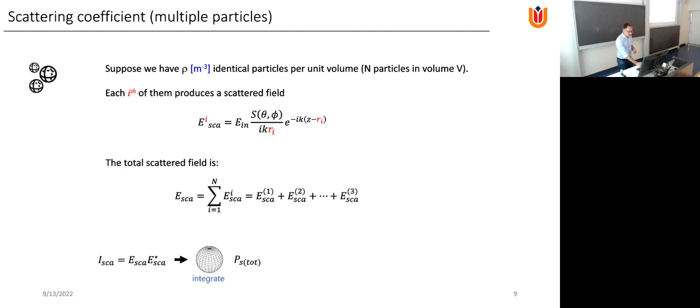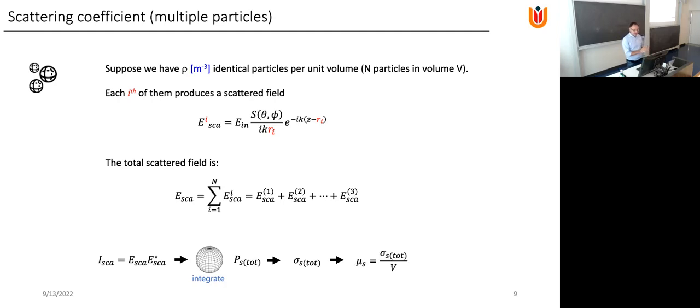If we have that, we can do the same trick. We can put a very large sphere around that, and integrate this total scattered intensity over the surface of that sphere in order to get the scattered power. From that scattered power, if we know the incident intensity, we can calculate the total scattering cross-section of this bunch of particles.